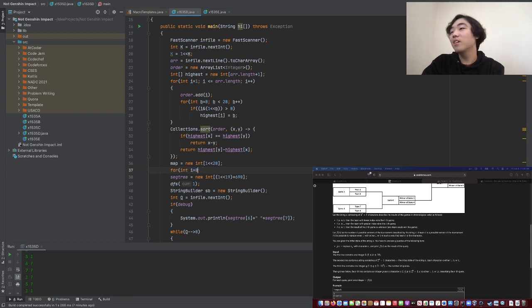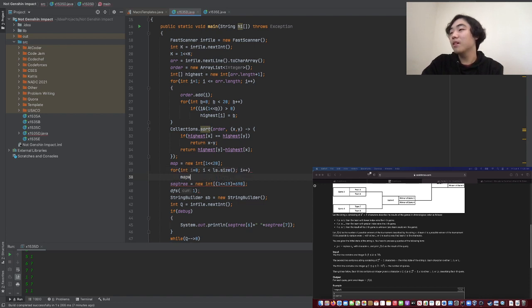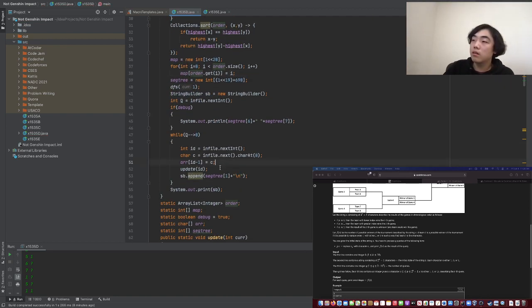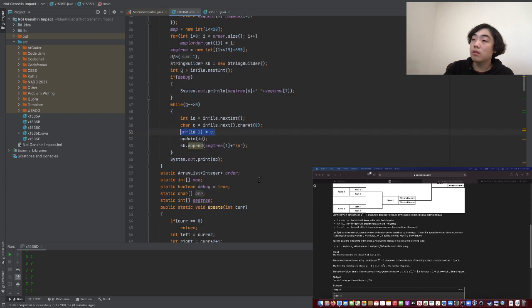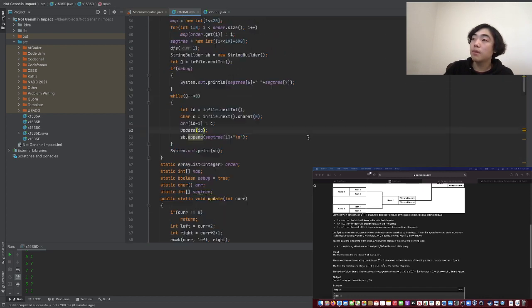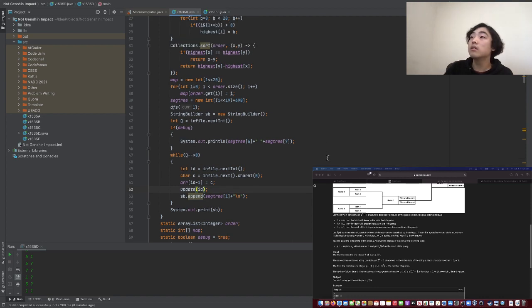This is such a weird way to do it. Like map at left get at I is equal to I, or I guess order. This does change. It's just when we update it, we want to update it at ID, this.ls.get id -1, or order again.